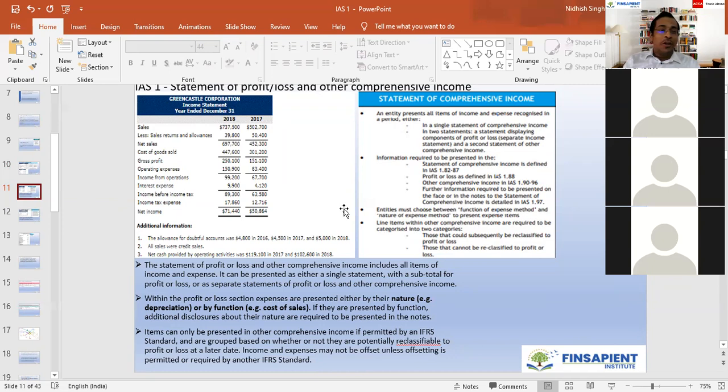Because it's like saying that, okay, fine, you like to show by function, but I would still ask you by nature anyway. So why not show by nature? That's the approach. And that's why a majority of companies across industry choose to show by nature rather than function. Right, because there's no escape ultimately, and that gives a real insight.